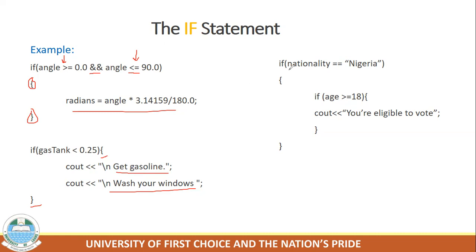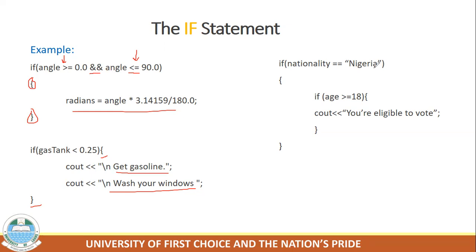Now you can also test. We are in the voting period, and for you to vote, first you have to be a Nigerian. So if your nationality is equal to Nigeria, you need to understand that you would have declared this variable nationality before and assigned it a string value.